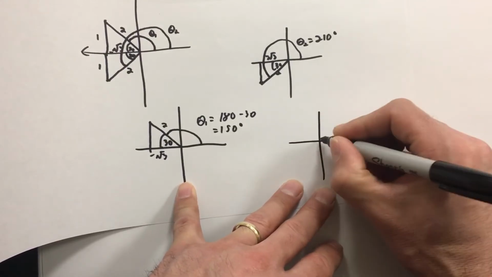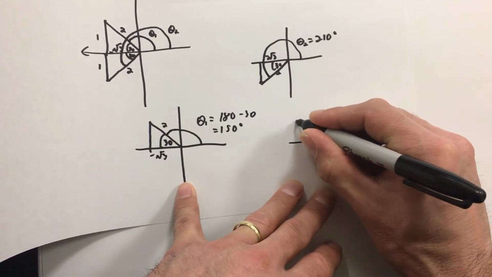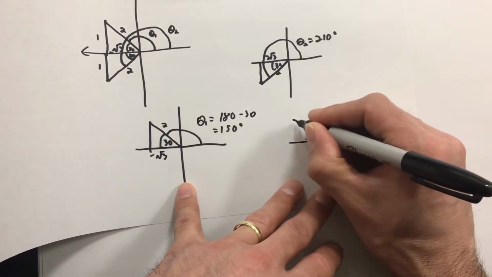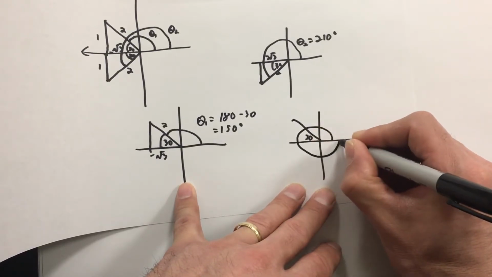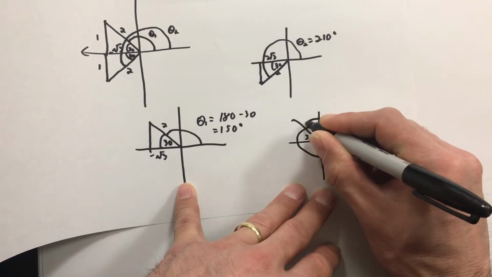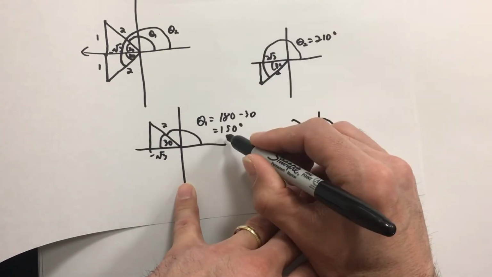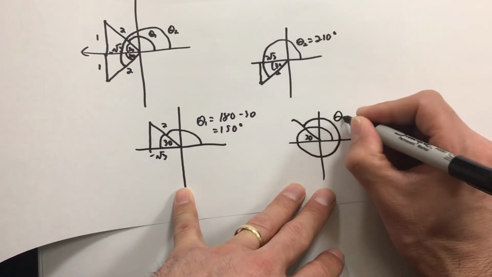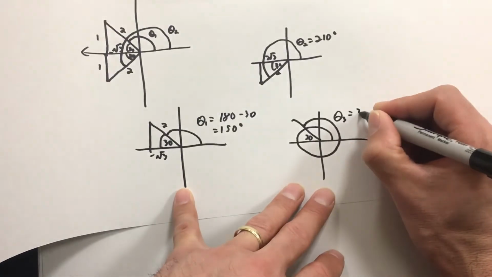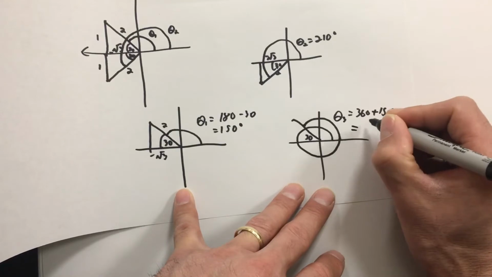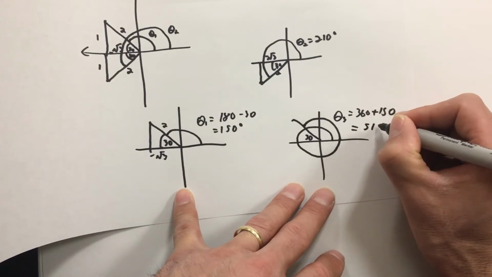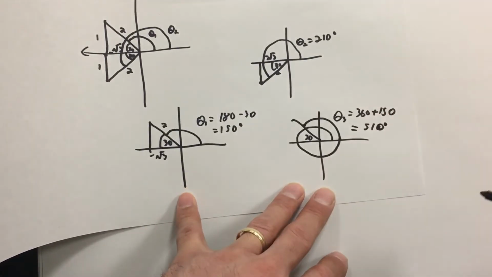Our next possible solution, if that's 30, is we can go 360 degrees plus yet another 150. So our third angle is 360 plus 150, which makes it 510 degrees.